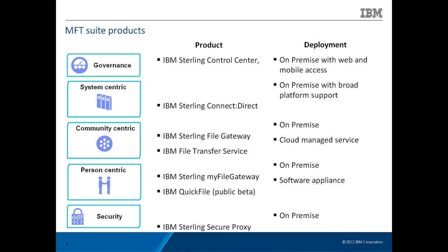As I've shown here: Sterling Control Center, Sterling Connect Direct, Sterling File Gateway, File Transfer Service, which is a cloud managed services deployment option that is available, and IBM Sterling My File Gateway, which is part of the File Gateway portfolio as well, and Quick File. So the centerpiece, which is Connect Direct, File Gateway, and Quick File, forms the products that are delivering various types of data movements.